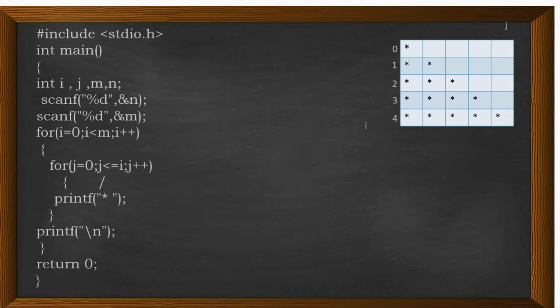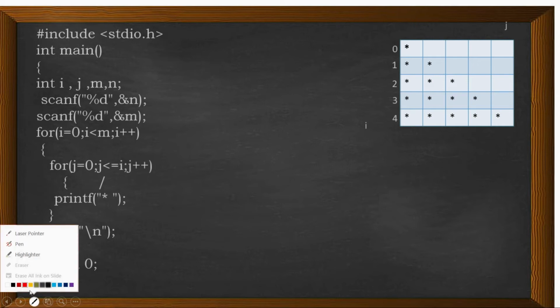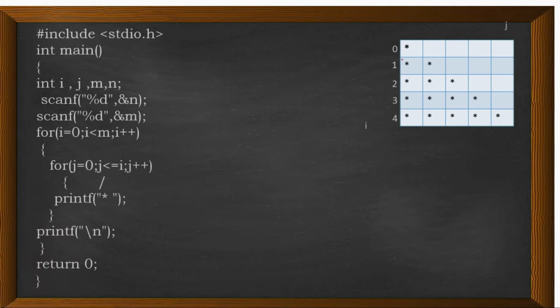So let me explain it here itself, you will understand. I'm highlighting. I need to print a star at this position. It means my I value is 0 and my j value is 0, position 0 comma 0.